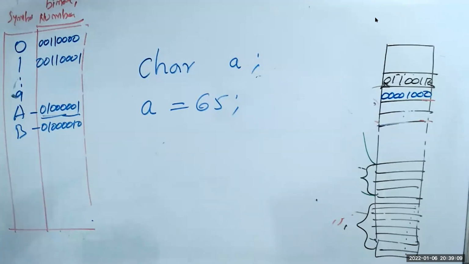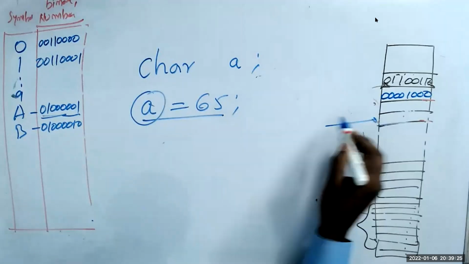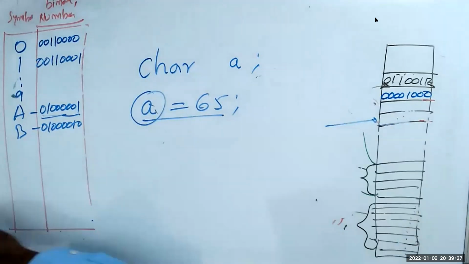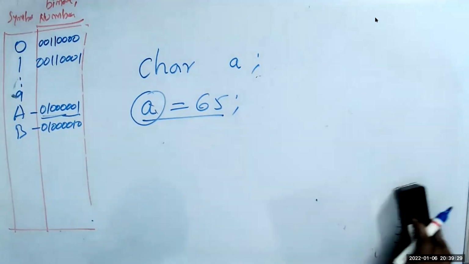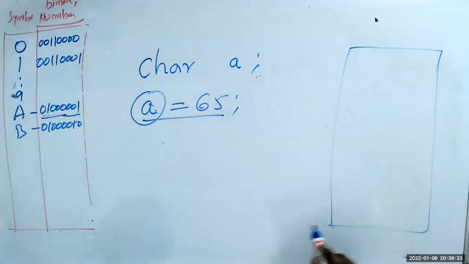That's what I'm explaining to you now. Perfect, you are right. Now I say A equal to 65. What is happening is this: I have a location allocated for A in memory.